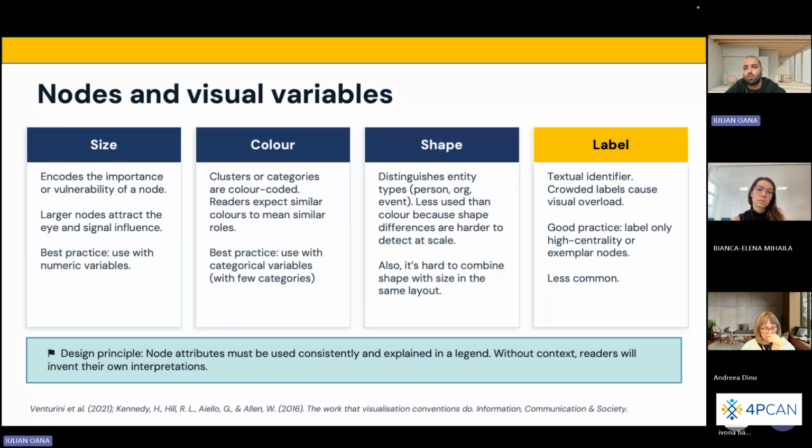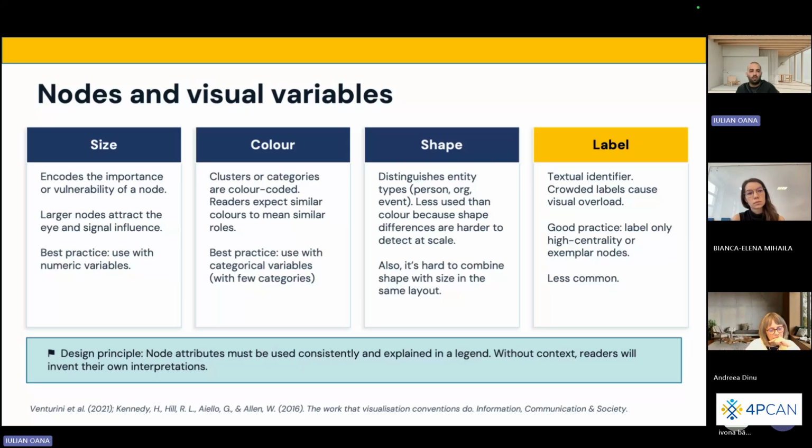Ending here about nodes and visual variables, we also can talk about labels as textual identifiers in a picture. But as a good practice, it's good to label only nodes that have high centrality or which are exemplars that we want to highlight in our final layout.